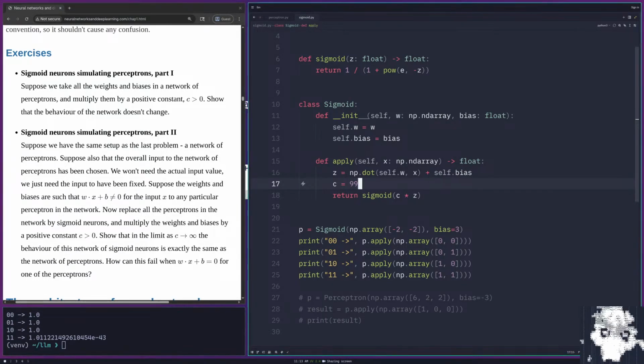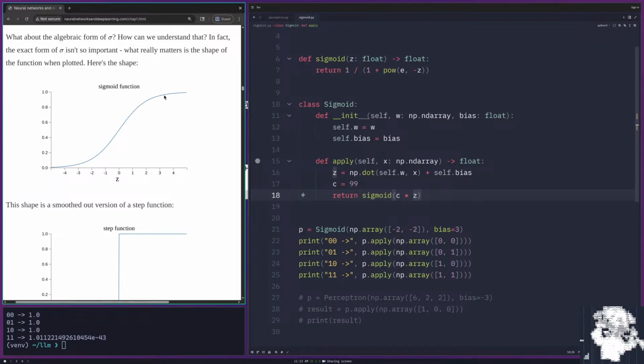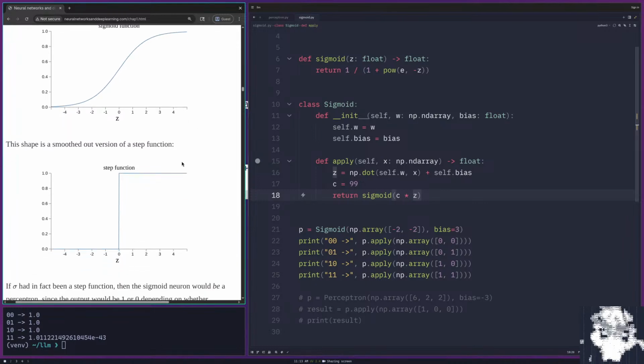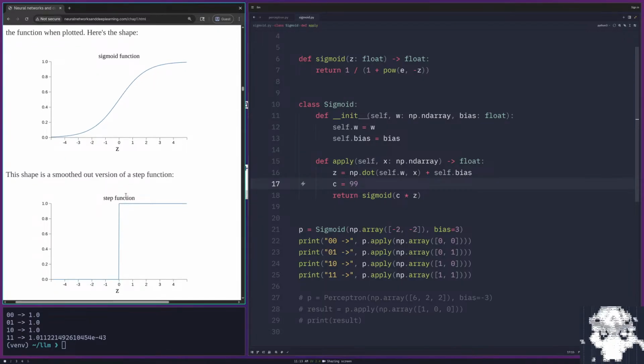Yeah, so this is equivalent to doing c times z. Which means if z is positive, we're making it close to infinity. If z is negative, we're making it close to negative infinity. Then if you look at this graph, close to infinity, you're 1, close to negative infinity, you're 0. That's how sigmoids work. So that's why if you multiply the input by a big number, it becomes closer to being a step function.